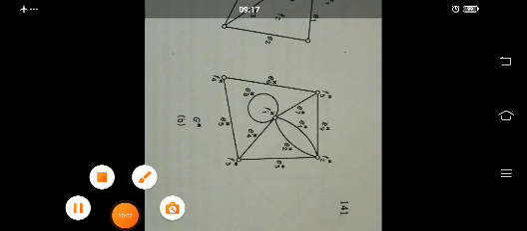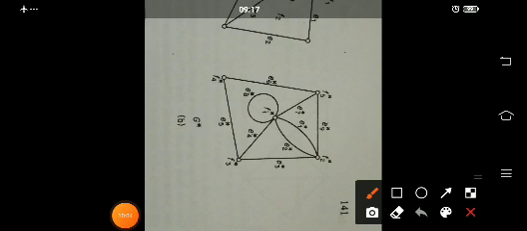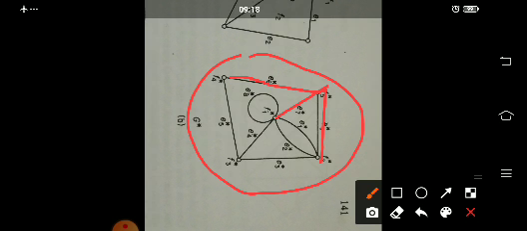Therefore, from the second graph, F5 is connected to F4, F2 and F1. From all these vertices, after completing this graph, we get the dual of G, and the dual is called G star.